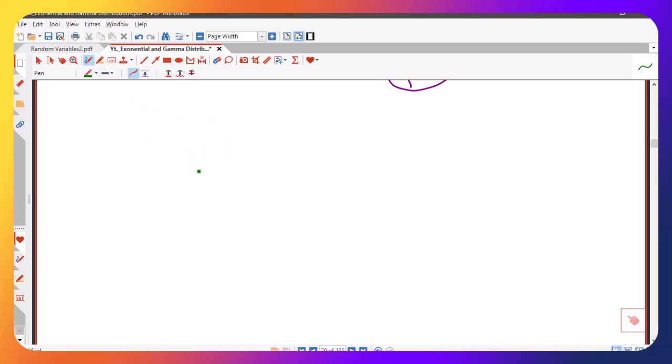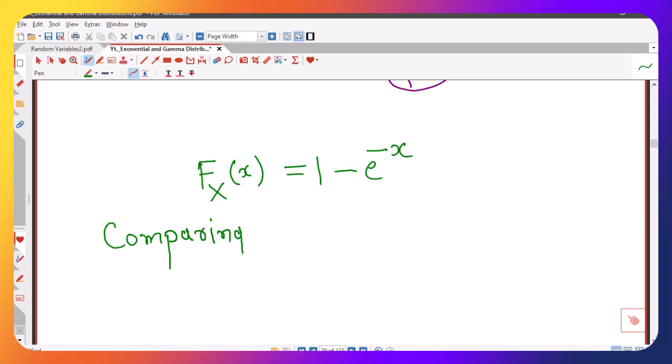So we can first write that here we are given that CDF is 1 minus e raised to minus x, and we can compare this with the CDF of exponential random variable, which we know is given by 1 minus e raised to minus lambda x.